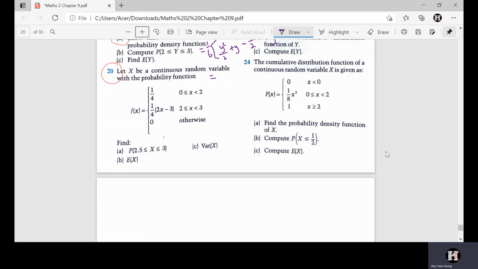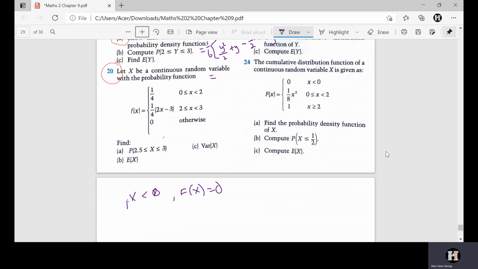So how do you want to find the F? For the in between, we know that when x is less than 0, your Fx is 0. That is a must already.